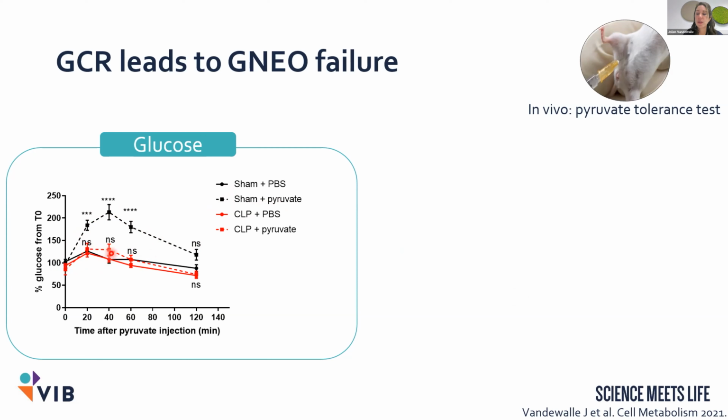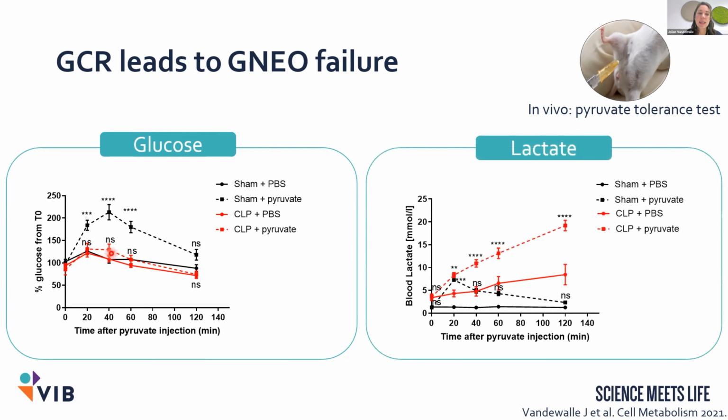But when we looked into the lactate values of those mice, instead of glucose being produced, we can see that CLP mice injected with pyruvate have increased lactate values. So lactate is accumulating in those mice. So normally in CLP mice, you can see some steady increase in lactate, and this is even more pronounced when pyruvate is injected in the septic mice.